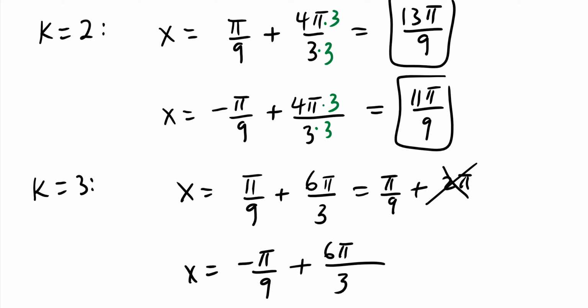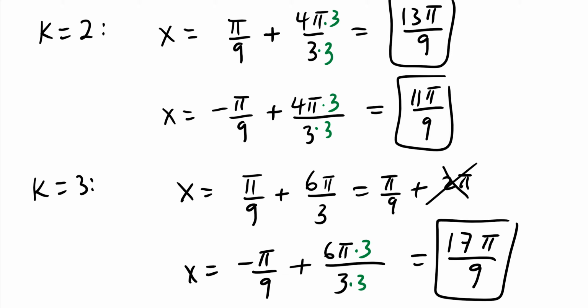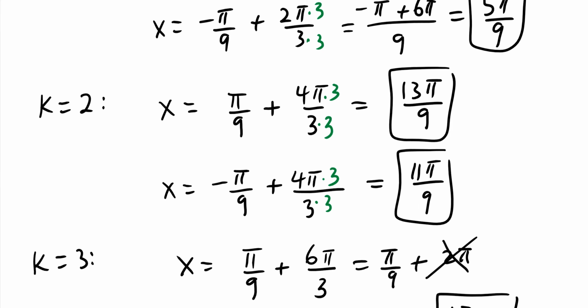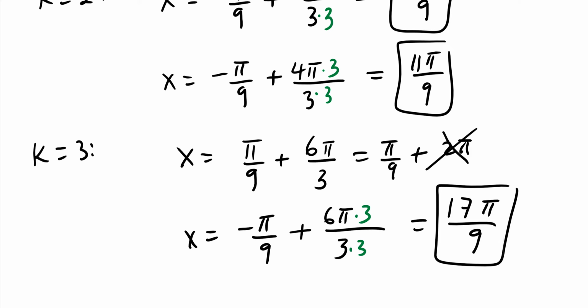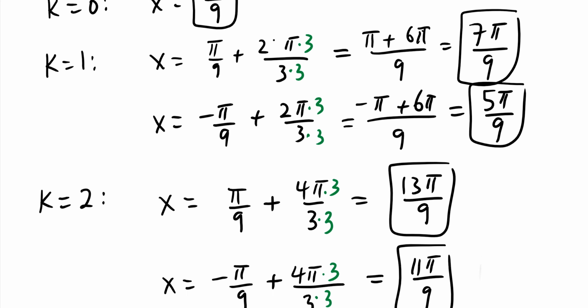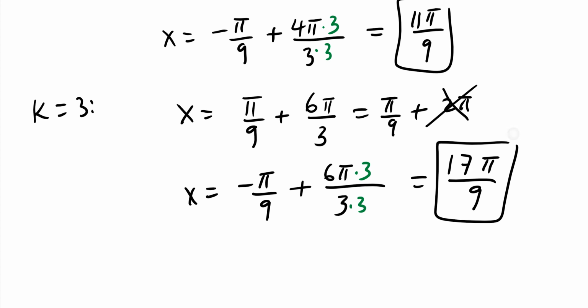If you multiply this by 3, that gives us 18 minus 1, 17 pi over 9. So that gives me the next value. If I take k equals 4, that will exceed 2 pi for both of them. So the answers that I got is 1, 2, 3, 4, 5, 6 answers.